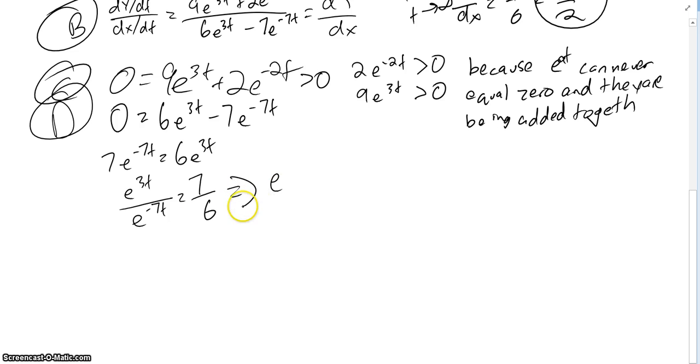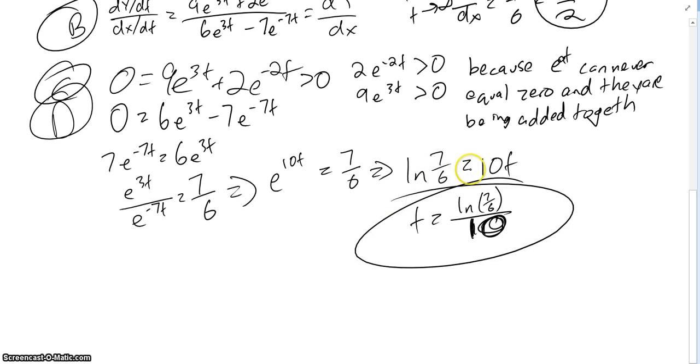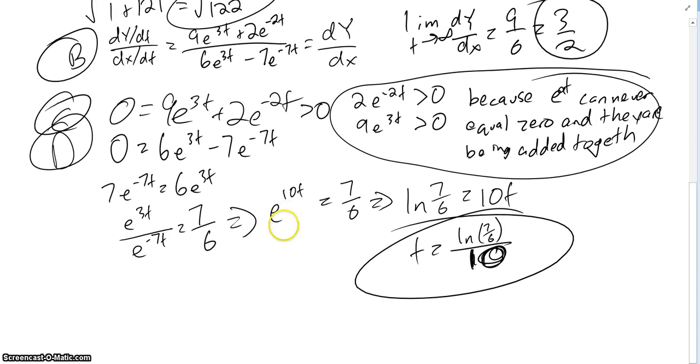Actually, I'm just going to do another step here. e to the 10t is equal to 7 over 6, so ln of 7 over 6 is equal to 10t, and t is equal to ln of 7 over 6, all over 10. So that's our answer, and I don't think this is a non-calculator question, so that's all you really need. Yeah, I think I'm done.